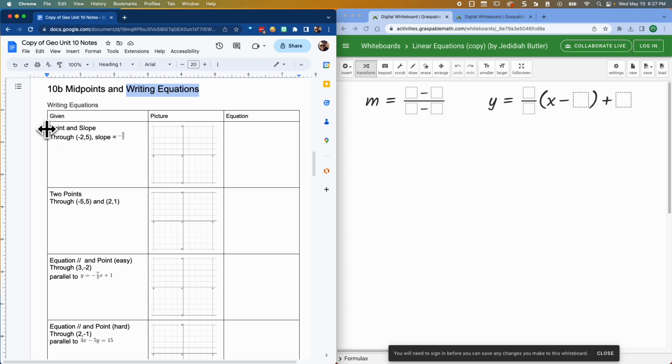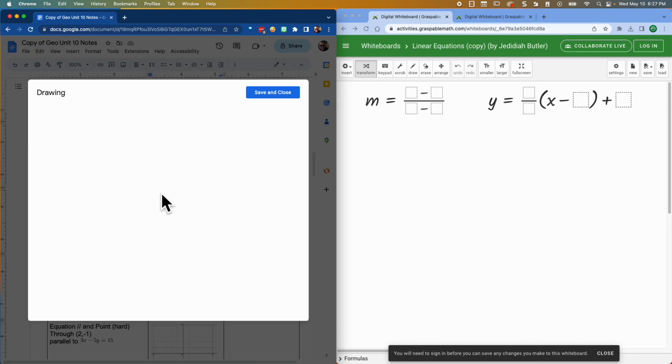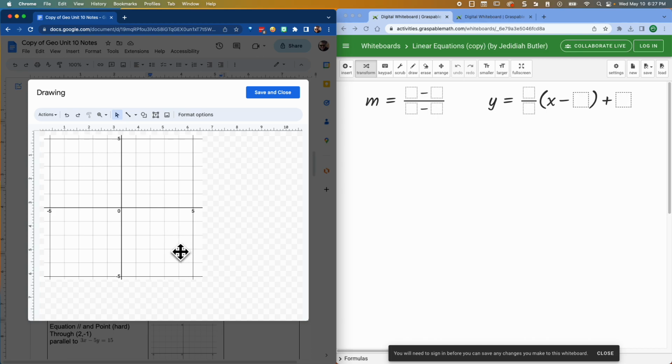Let's start with super basic, when you're just given the information and you've got to put it into the equation. So a point and a slope: it's going to go through -2, 5, and have a slope of -9/2. So how would I draw that into a picture? It's going to be at -2, 5.